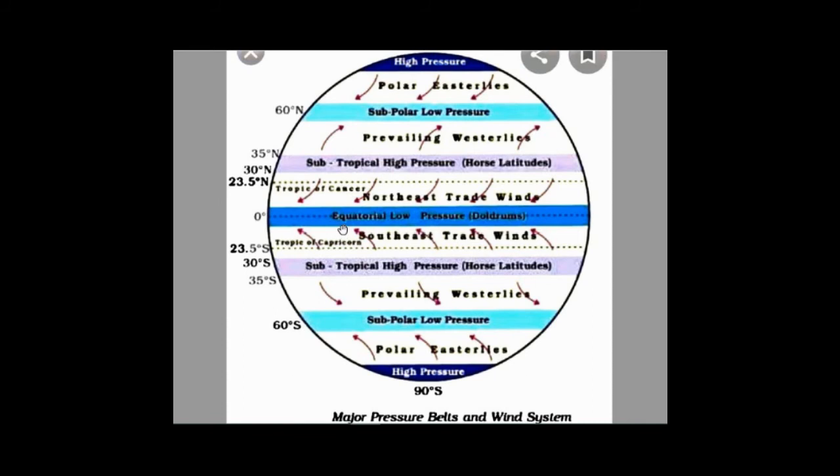The warm ascending air of the equatorial belt gradually cools down when it goes up, and due to the rotation of the earth, it deflects towards north and south. After reaching over the Tropic of Capricorn and the Tropic of Cancer, it comes down, or descends, at this subtropical high pressure belt.